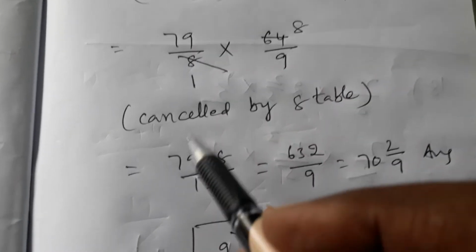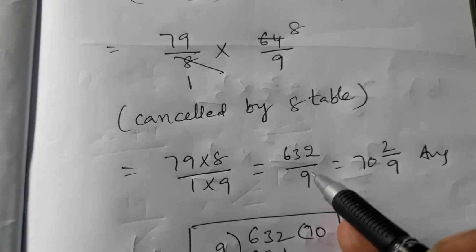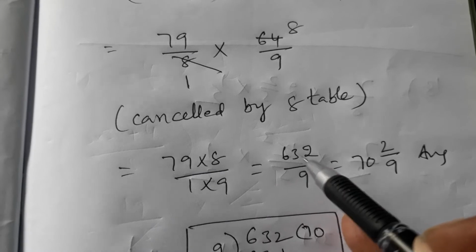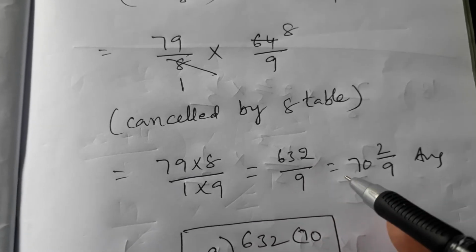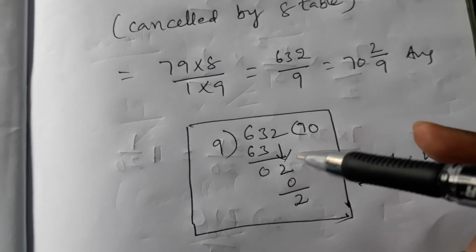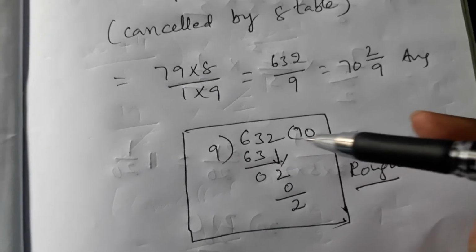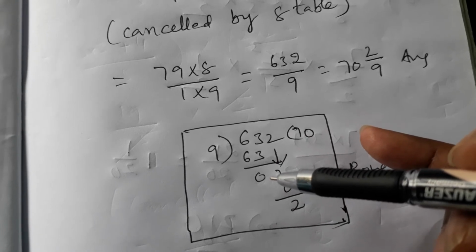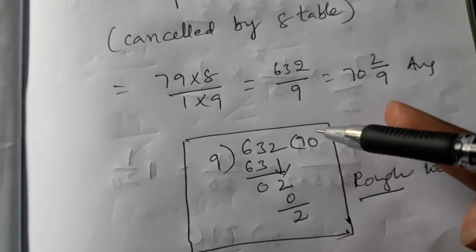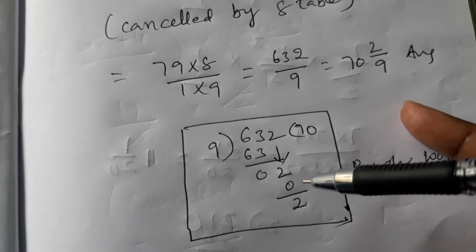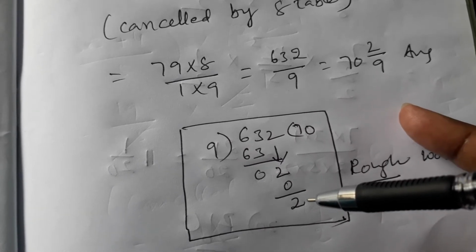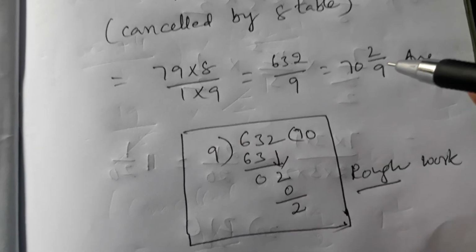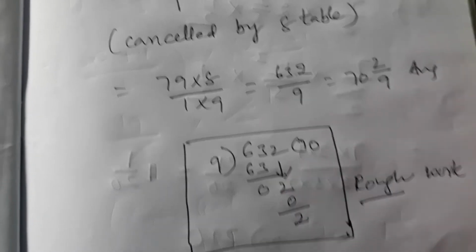Multiply numerators, multiply denominators, and you will get 632/9. Then divide 632 by 9. 9 sevens are 63, subtract, 0. Take down 2, 9 into 2 is not possible, 0 times. Finally 2 remainder. So the answer is 70 and 2/9.